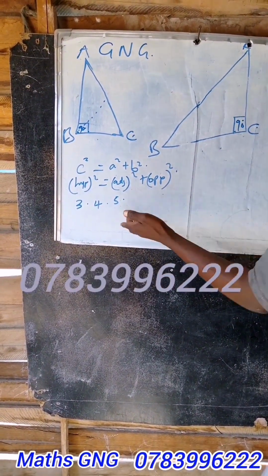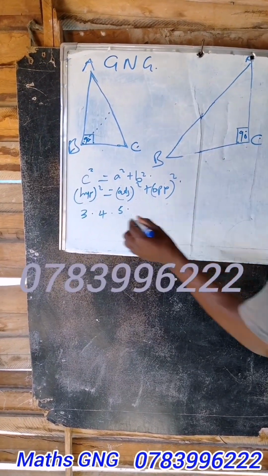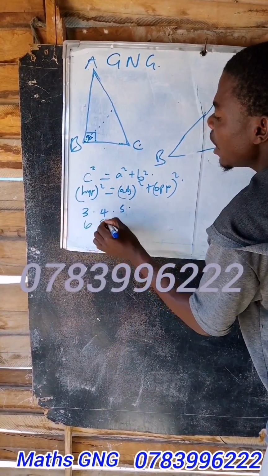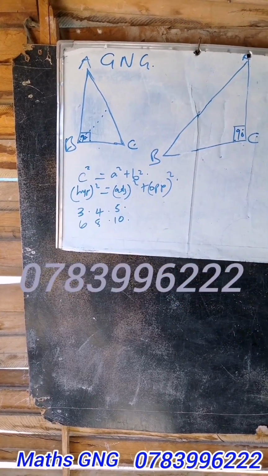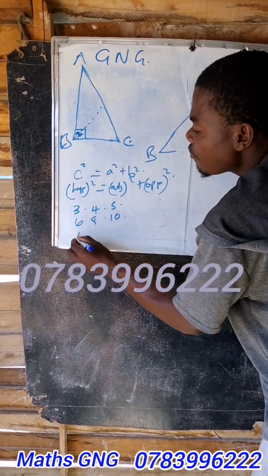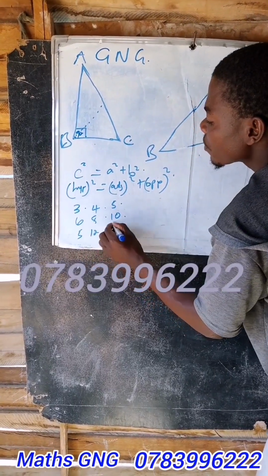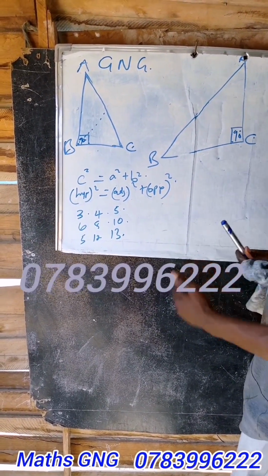So this is a Pythagorean triple. They can give you 6, 8, 10. This is a Pythagorean triple. They can give you 5, 12, 13. This is a Pythagorean triple.